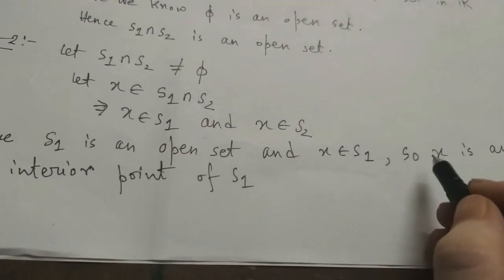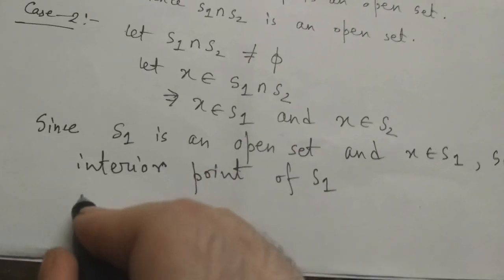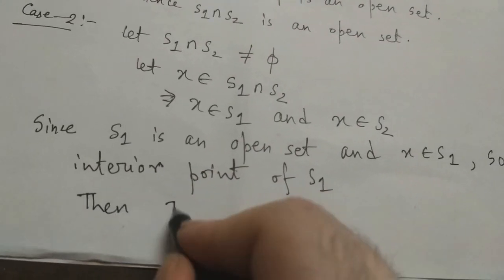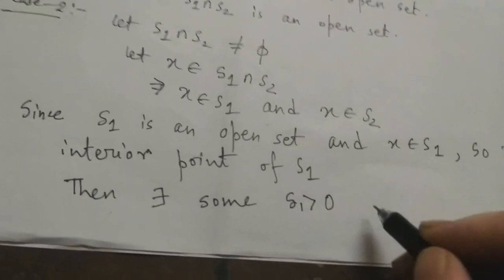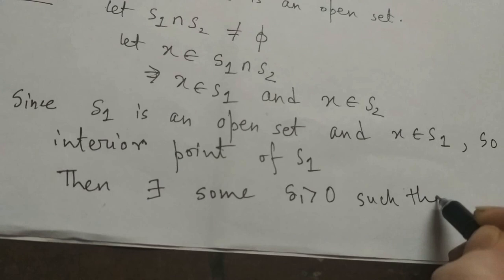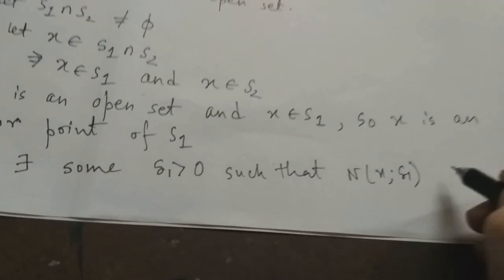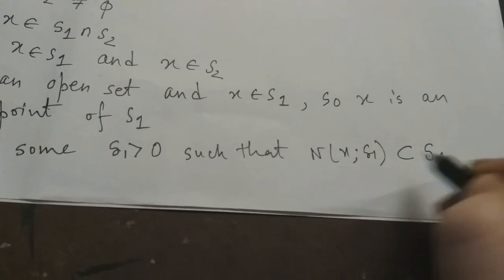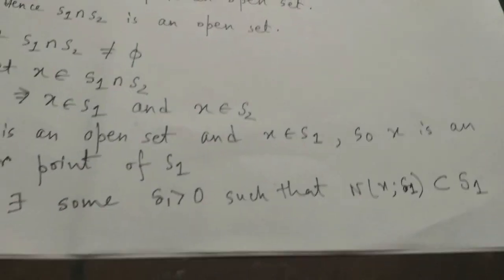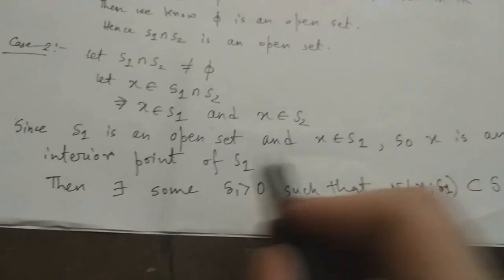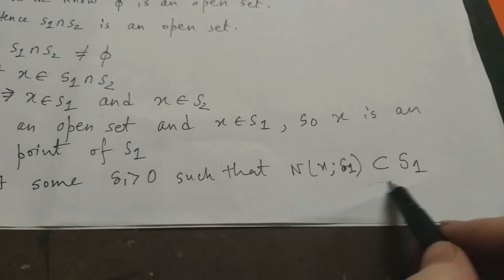By definition of interior point, there exists some delta 1 greater than 0 such that delta 1 neighborhood of x is contained in S1.